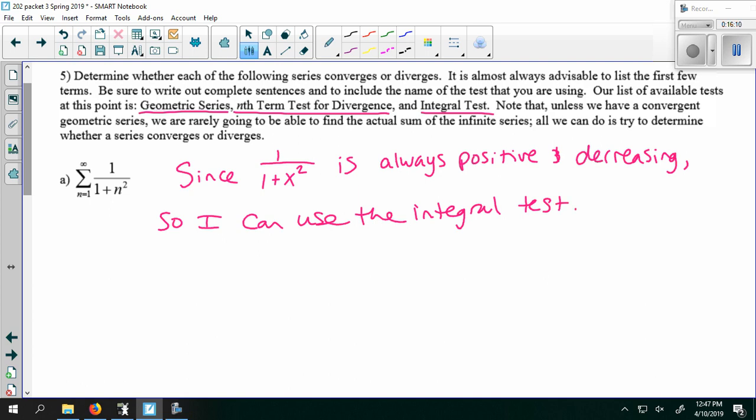So I'm going to evaluate the integral from 1 to infinity of 1 over 1 plus x squared dx. I could do this directly like I did in the earlier example, get an antiderivative, evaluate from 1 to infinity. The antiderivative is arctan, so it's not too difficult. Or I can compare to 1 over x squared.